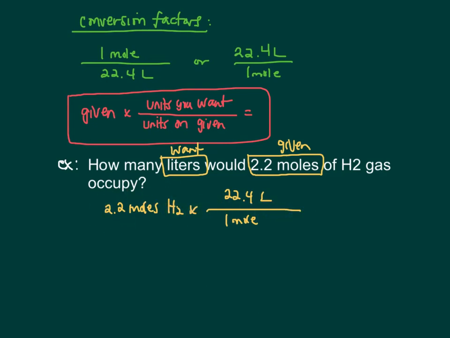In this case, we're going to put liters on the top because that's what we want, and moles on the bottom because that's the unit that was on the given. So moles will cancel, and we'll be left with liters. 49 liters in this case. So we have 49 liters of H2 gas in 2.2 moles.